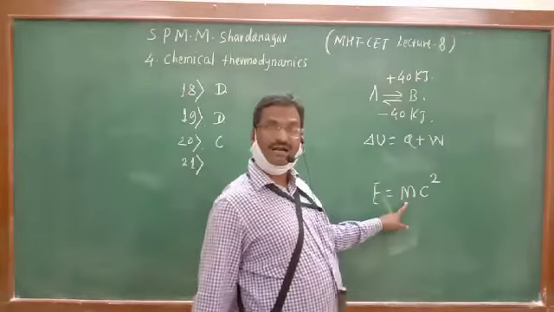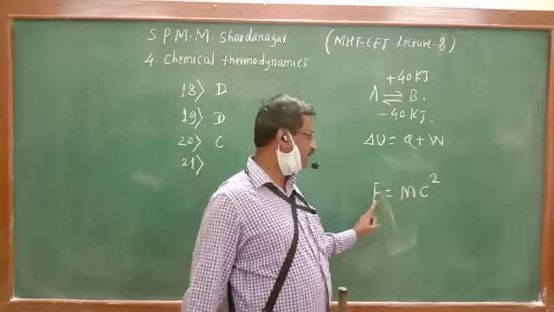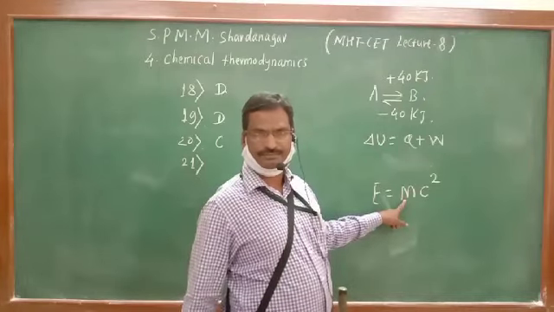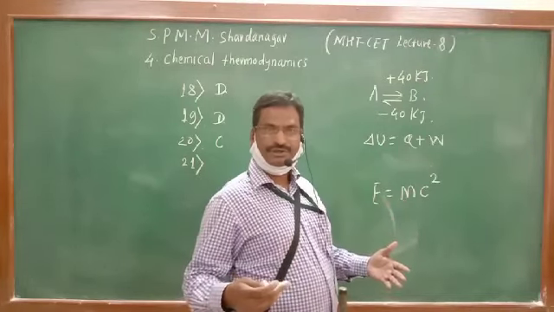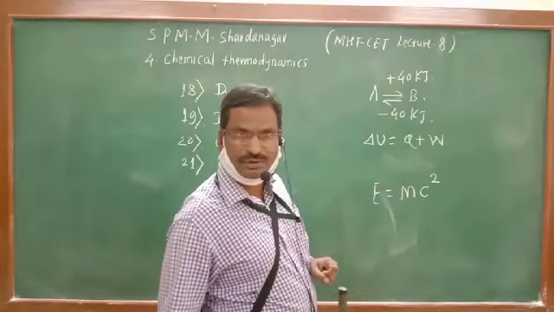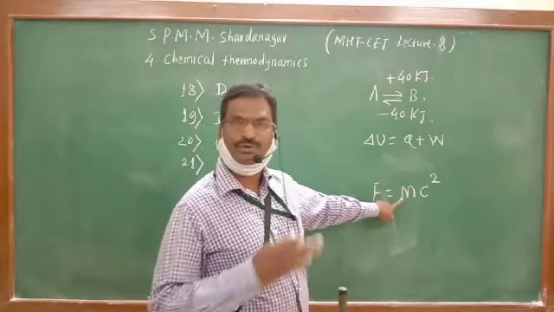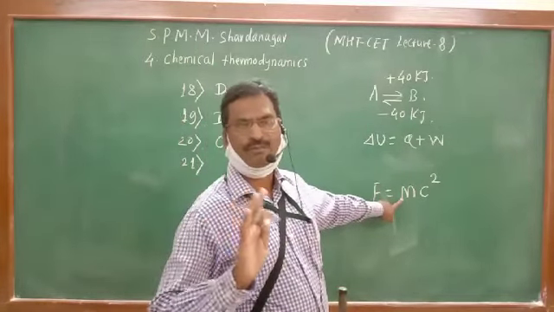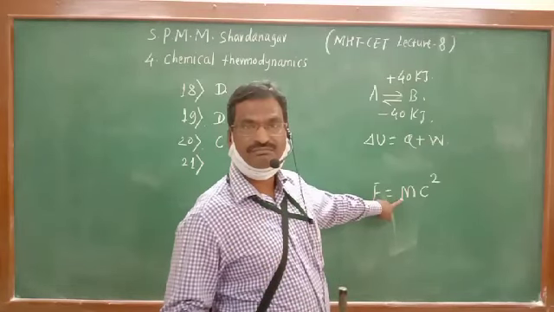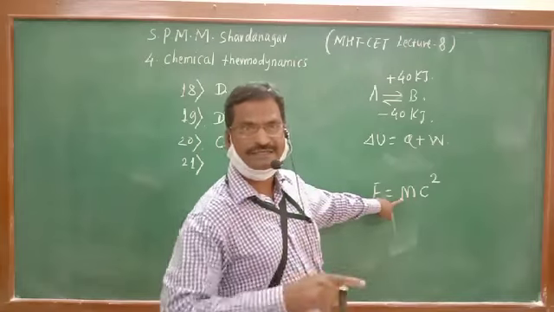Energy and mass are interconvertible into each other. It means that a certain loss of energy is there. So where does that energy go? That is converted into mass. So totally energy is not converted from one form to another form. A certain energy loss may be there, and that energy loss is converted into mass.